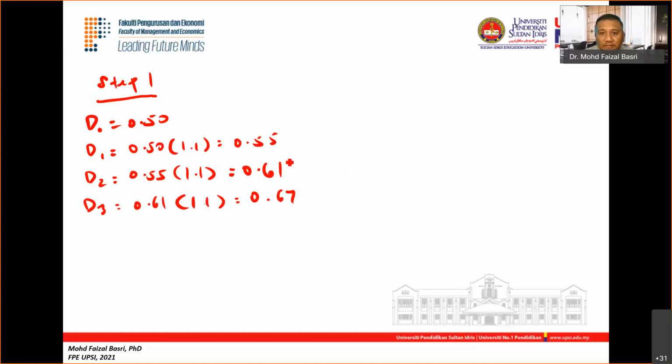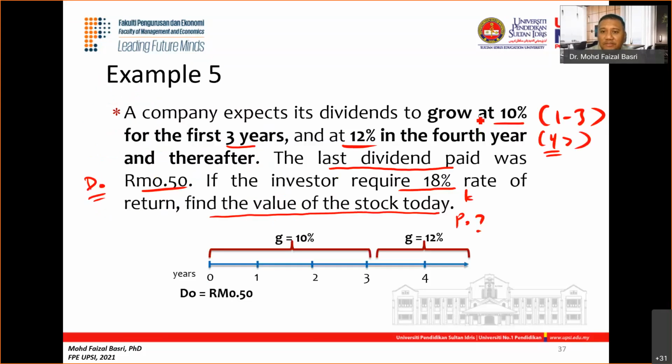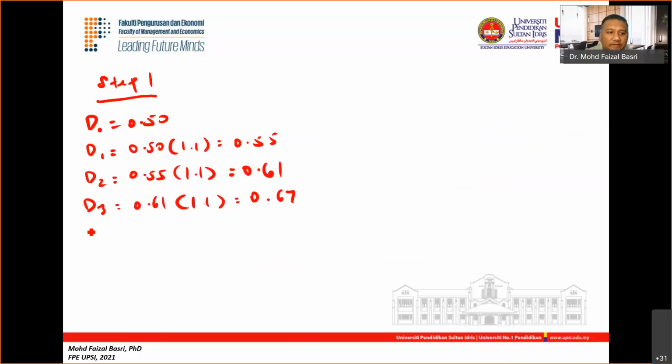Okay, and make sure consistent, because the growth rate happened at 10% for the first 3 years, but for the fourth year, it will grow at 12%. Okay, so for the fourth year, for D4, it's not increased by 10%, but it will increase by 12%.